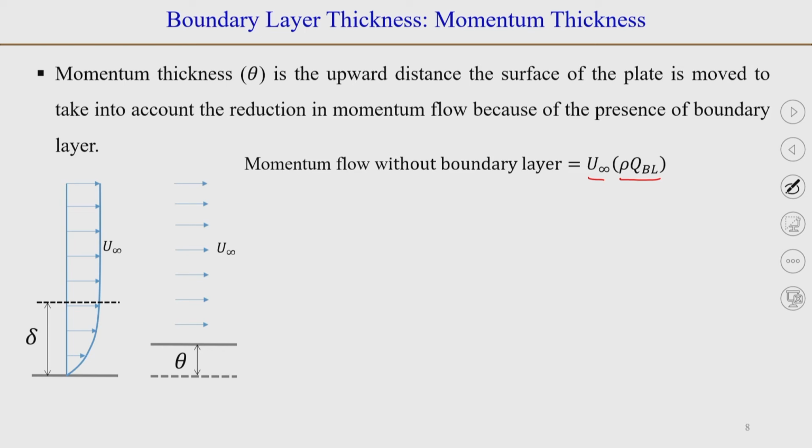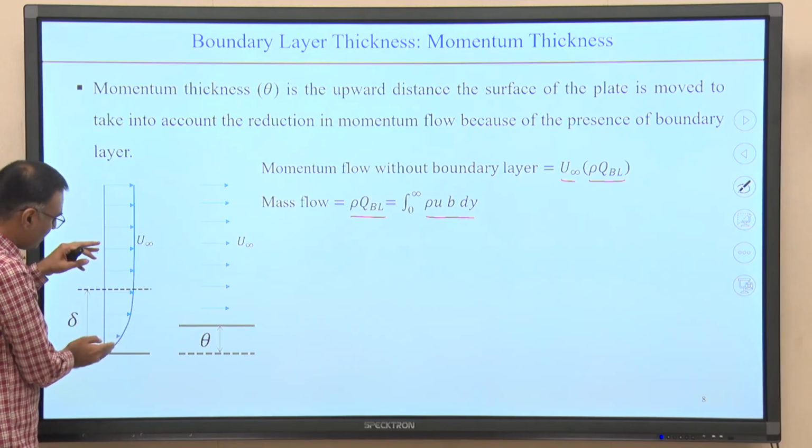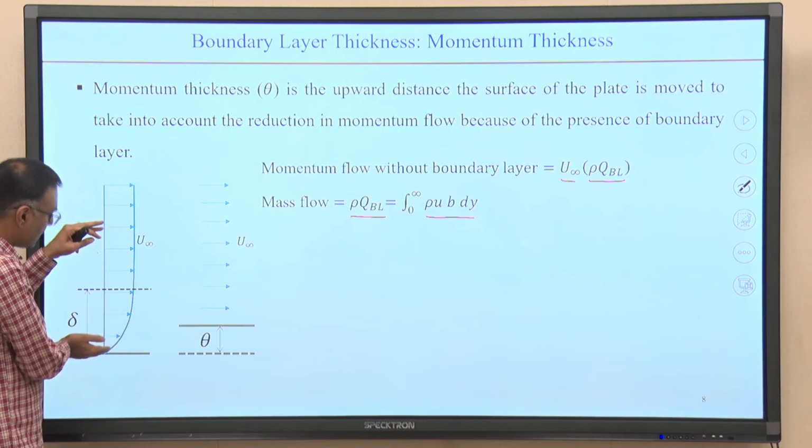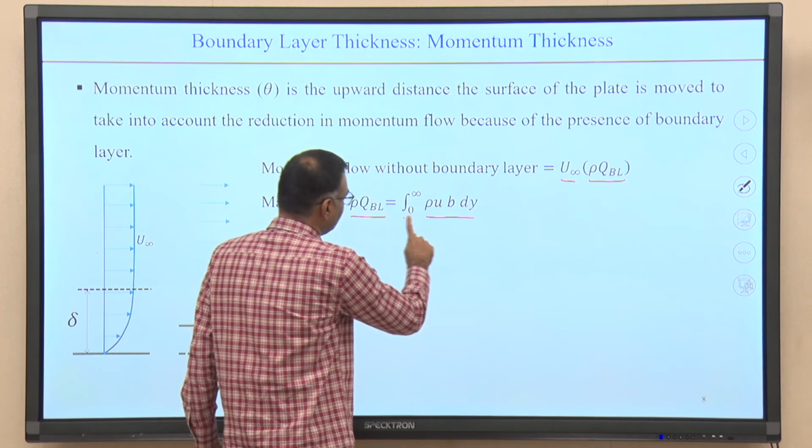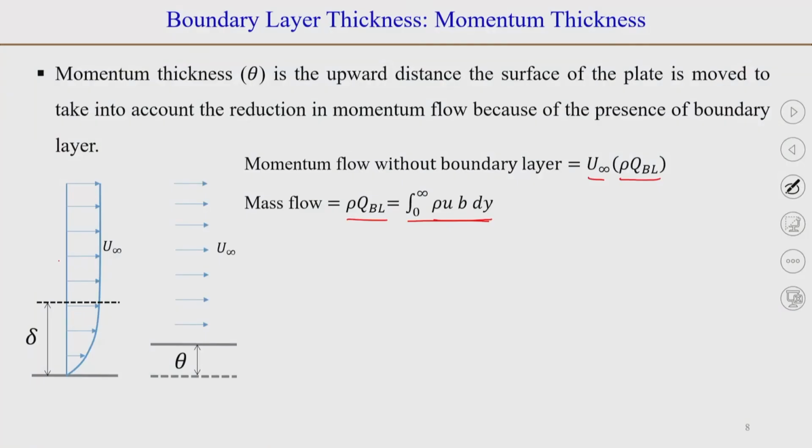So, basically rho q_BL is the mass flow in this entire region, from 0 to infinity rho u b dy. The thing to note here is that it is not rho u infinity b dy. We have considered the mass flow assuming that there is a boundary layer. So, the actual mass flow over the plate is being taken into account, that is integral 0 to infinity rho u b dy.